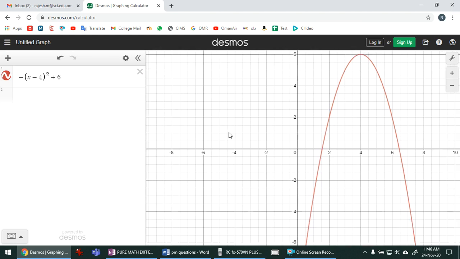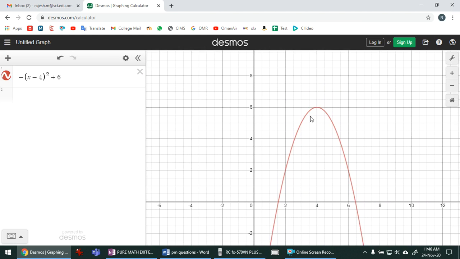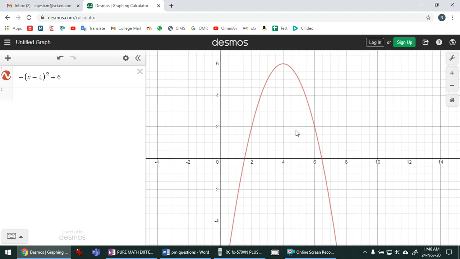So if this is the equation, you can see that this is the vertex. This turning point is the vertex. So if you click here, what is the number? 4 comma 6. See, x is 4 and y is 6. So 4 comma 6 is the vertex. So this point is called vertex, and this shape is called parabola.